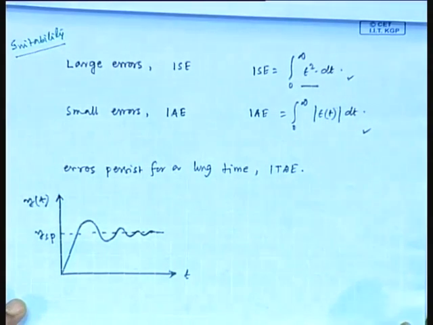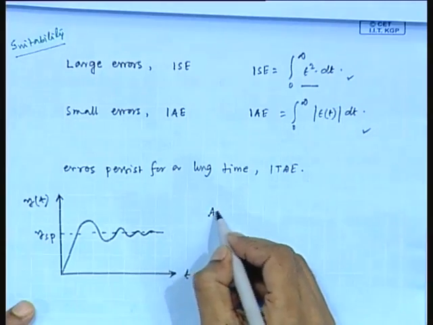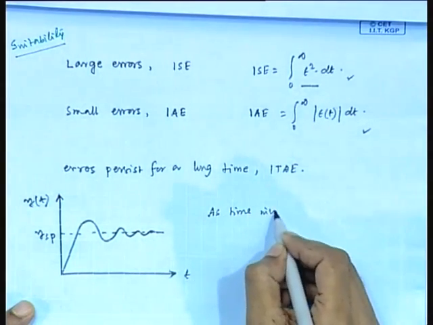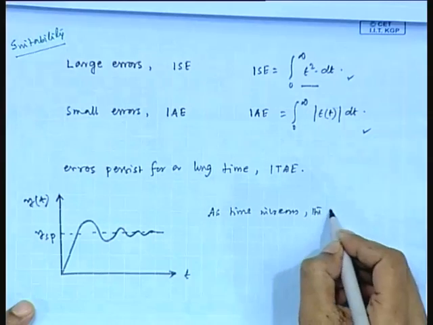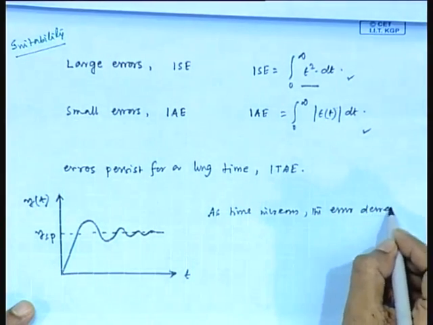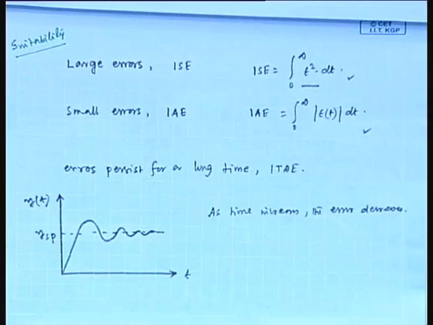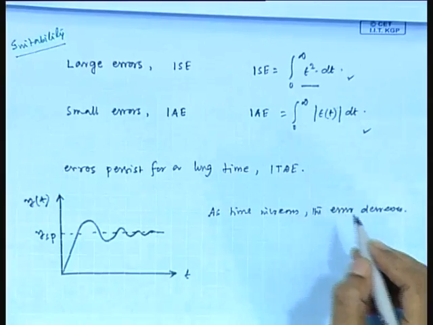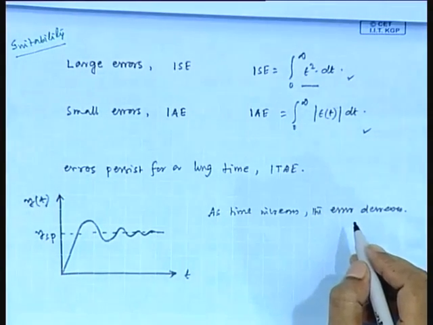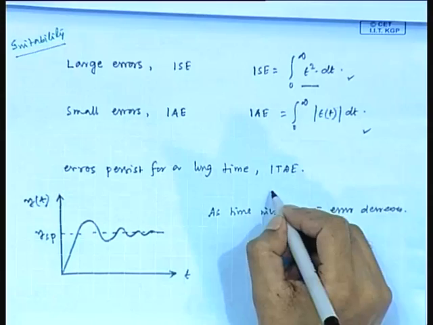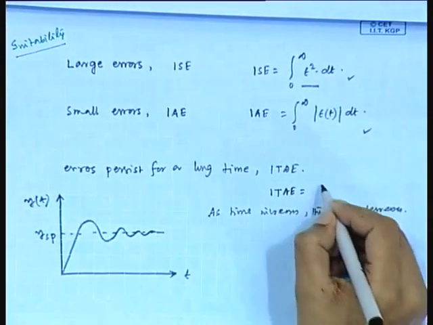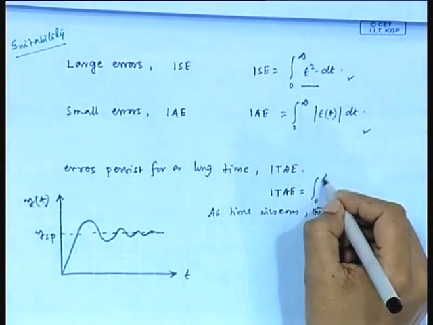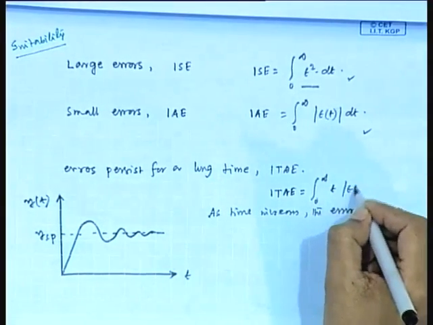It is obvious from this figure that as time progresses, the error decreases, definitely for a stable system. Now in the ITAE performance criterion, the time is multiplied with the error. It is written in this form, t multiplied by epsilon t.